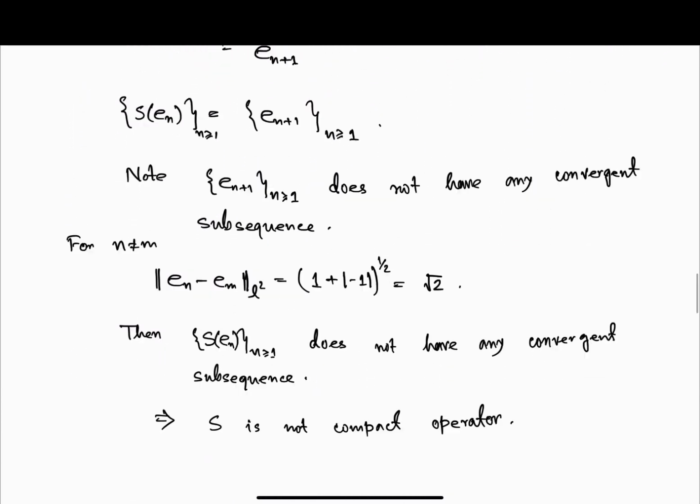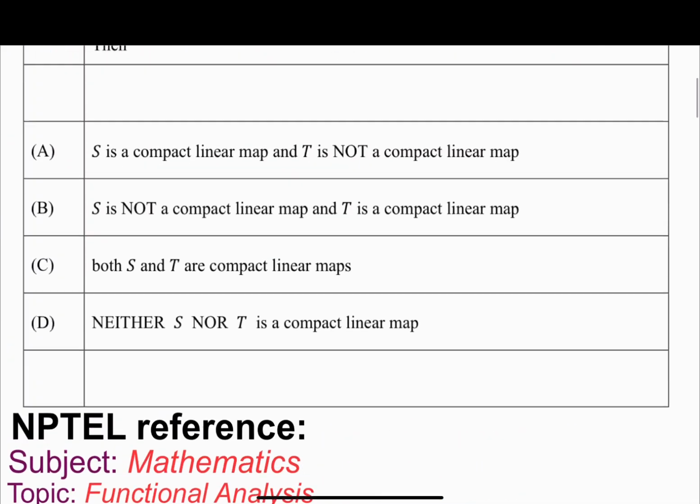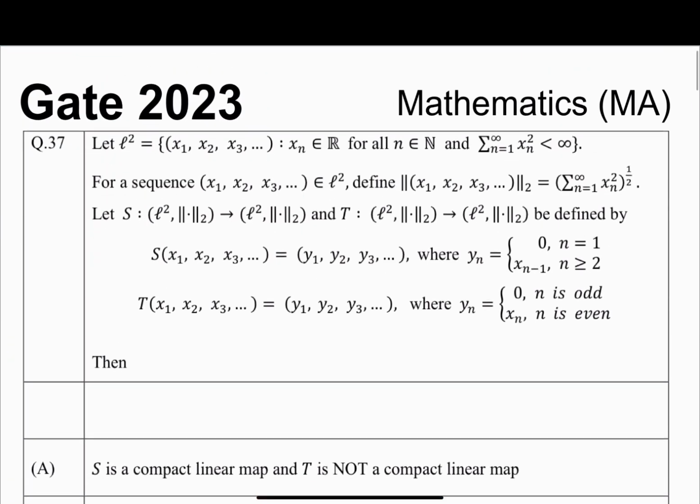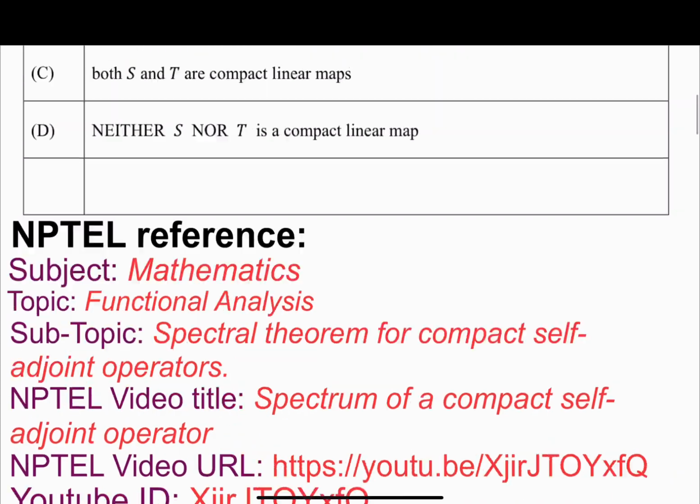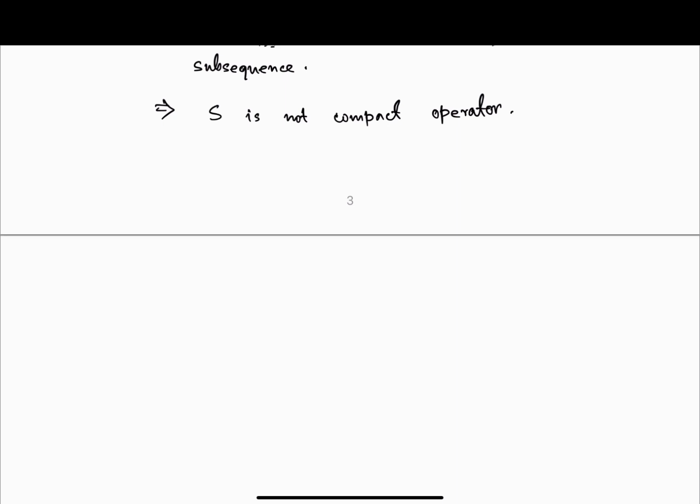Now what is T? For n odd it's 0, for n even it's xn. So we'll prove again that T is also not a compact operator.